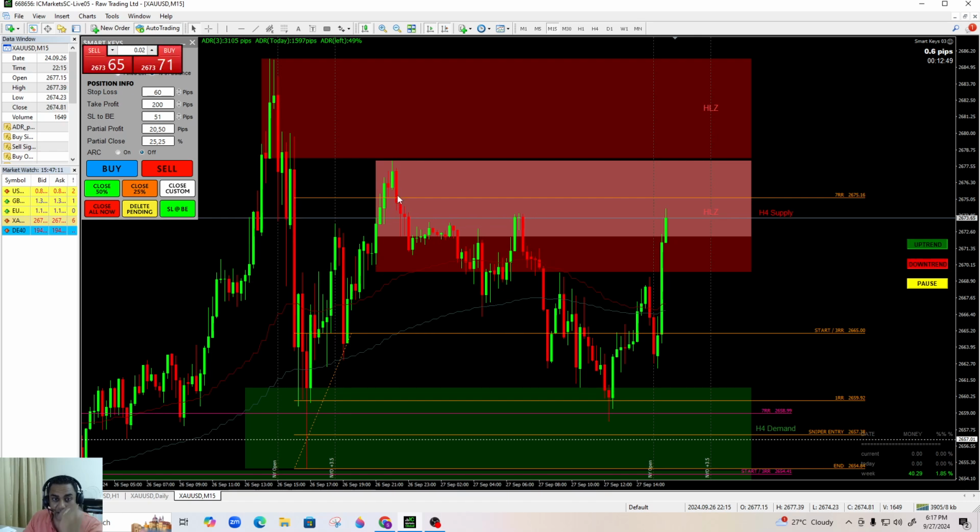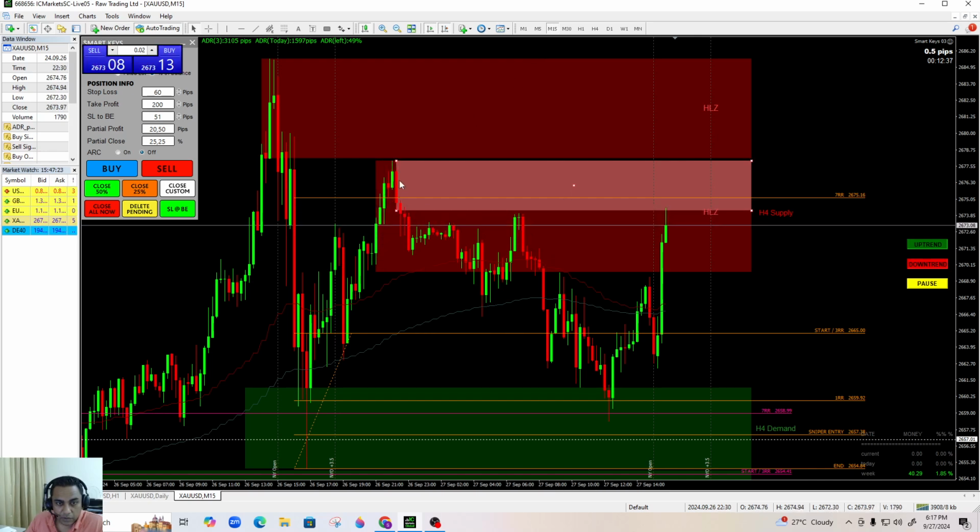Now this is the candle that I want to pay attention to here. Okay, this M15 candle. I'm going to put it there to the low, 423.